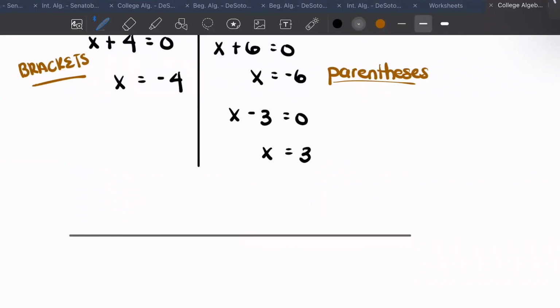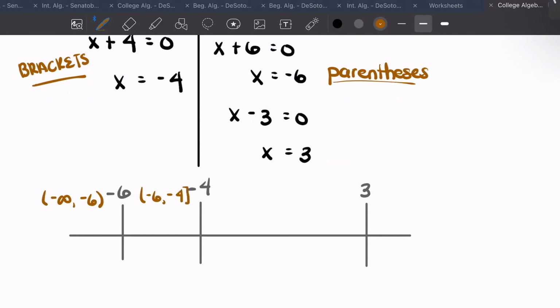So we have -6, -4, and 3. Okay, let's name all of these intervals. This time we have -infinity to -6. -6 has parentheses. -6 to -4. -4 to 3. 3 has parentheses. All right.